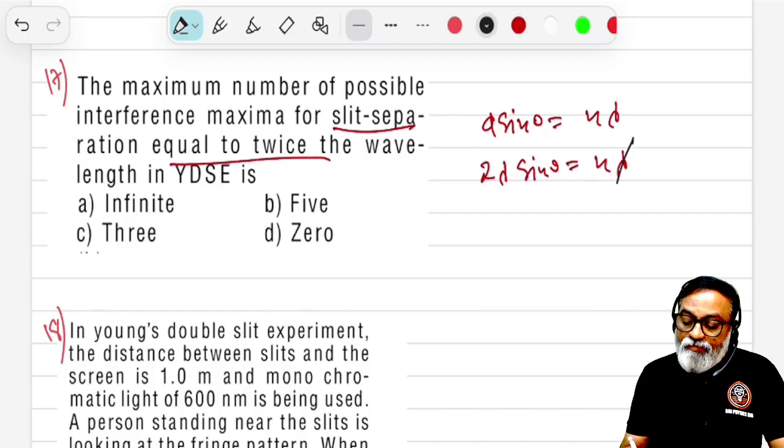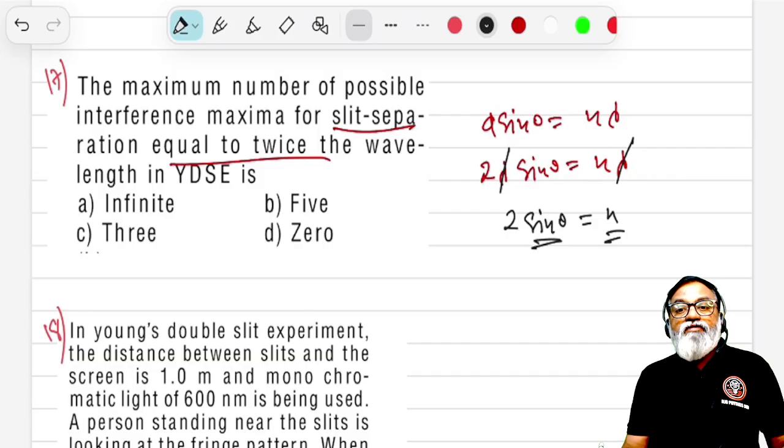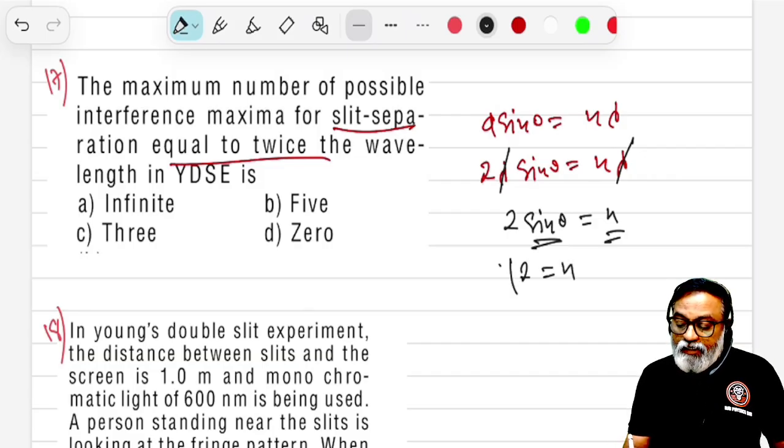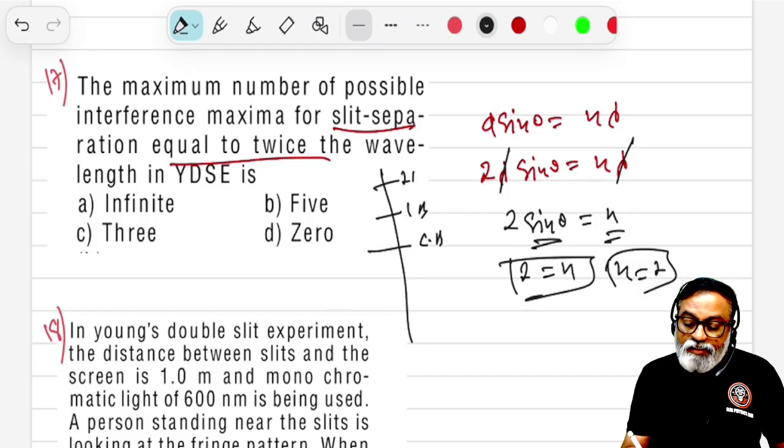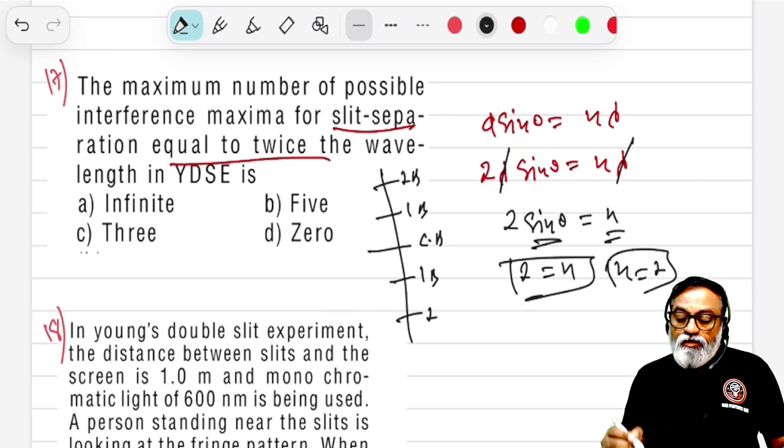This lambda gets cancelled. 2 sin theta is equal to n. For maximum value, sin theta is 1. Therefore, 2 is equal to n. That is, n is equal to 2. N is equal to 2 means this is central bright, first bright, second bright, and downwards also first bright, second bright. Therefore, maximum number of brights 1, 2, 3, 4, 5. Therefore, 5.